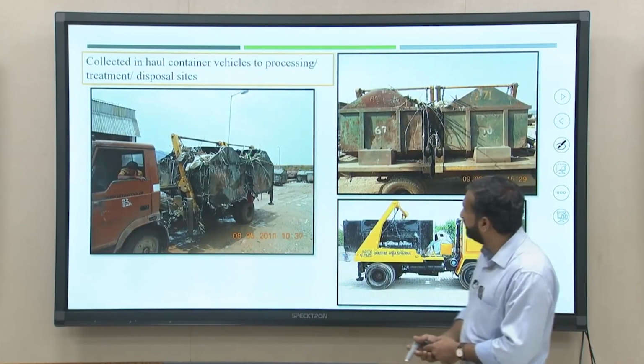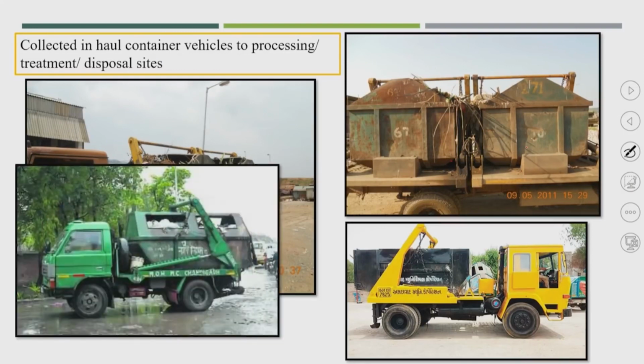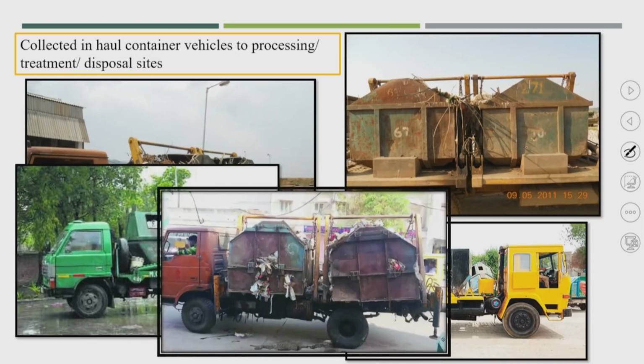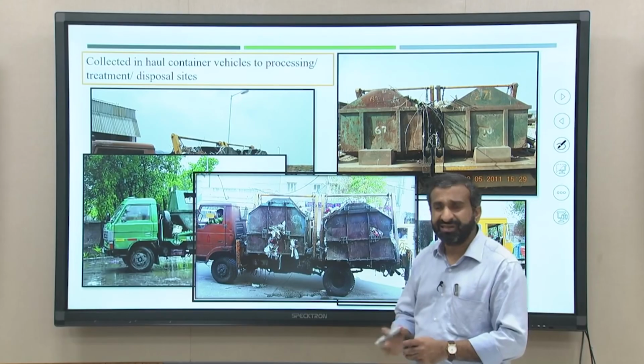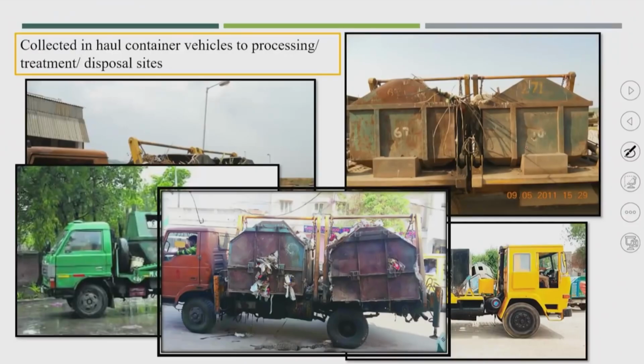You can see here two dustbins hauled together, and hauling these containers was very easy. The only problem was that local people never disposed of waste inside the container, because the entire waste was mixed, commingled waste. Biological waste was a large quantity, around 50 to 60%, and a lot of odor and spillage issues came up in those days.